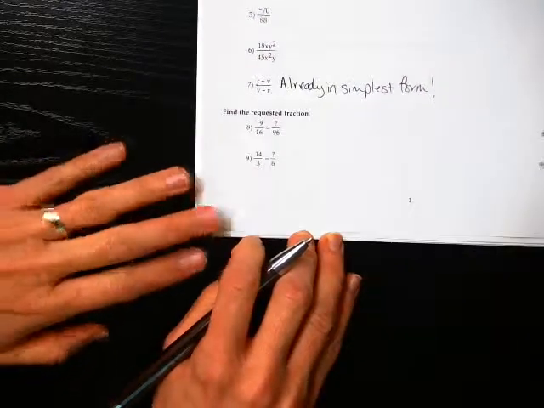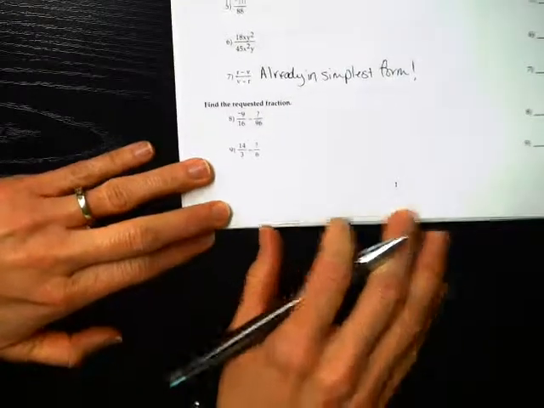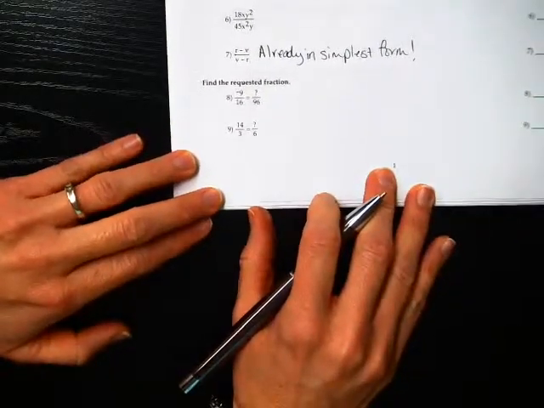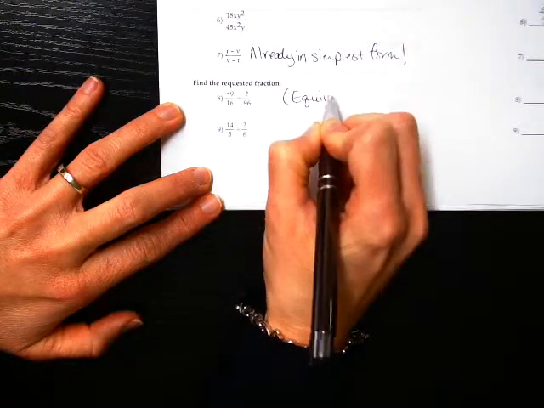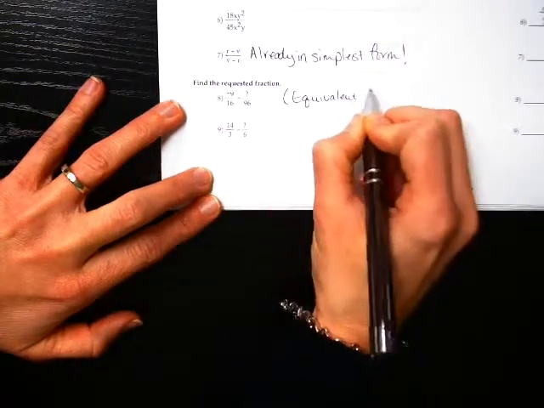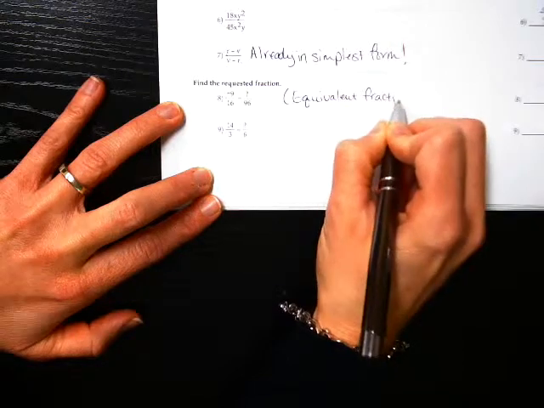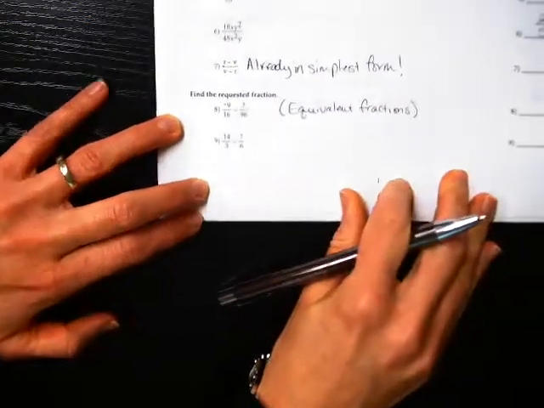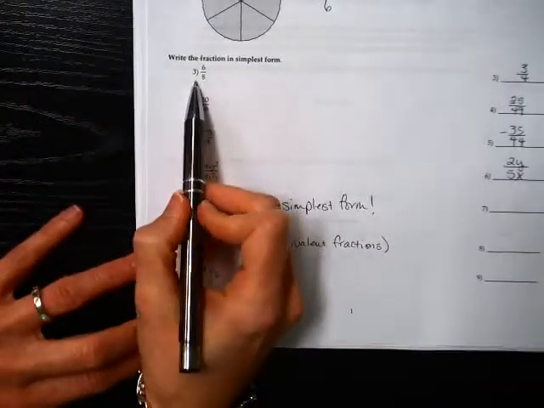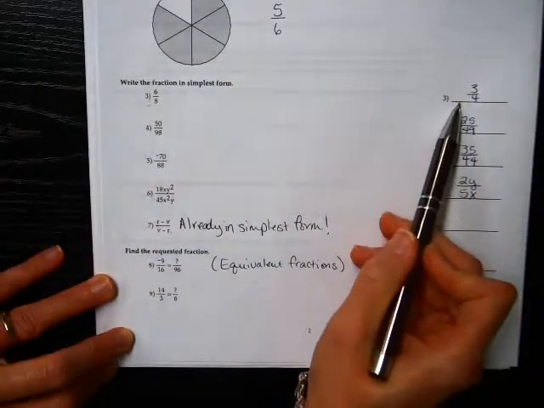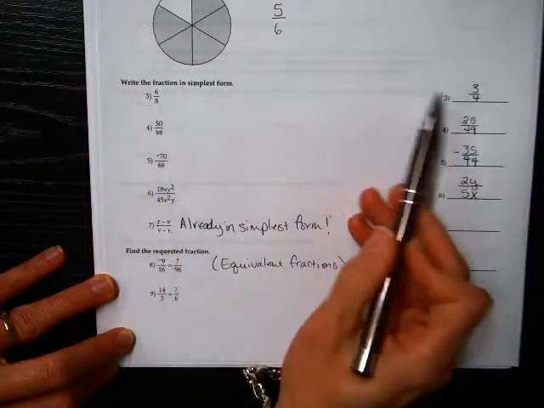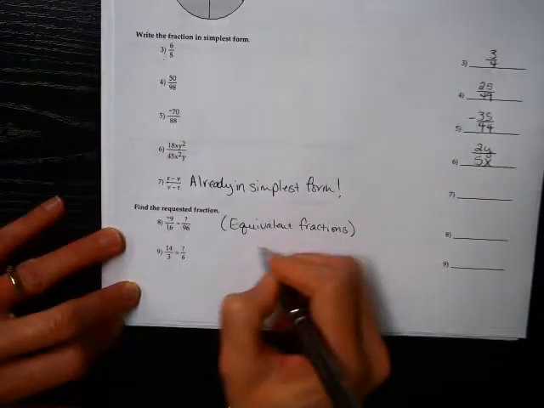Okay, so on this next part, find the requested fraction. And this deals with equivalent fractions. Okay. Now, if we go back up to number 3, 6/8 we said simplified to 3/4. So there's an example of equivalent fractions right there.